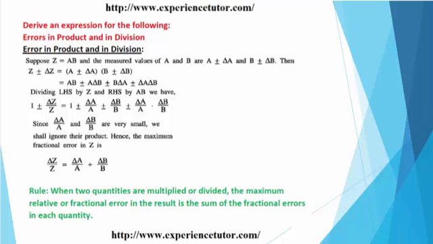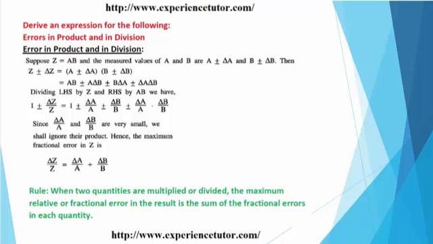Suppose Z = AB, and the measured values of A and B are A ± ΔA and B ± ΔB. Then Z ± ΔZ = (A ± ΔA)(B ± ΔB). When we multiply this expression, we get AB ± AΔB ± BΔA ± ΔAΔB.